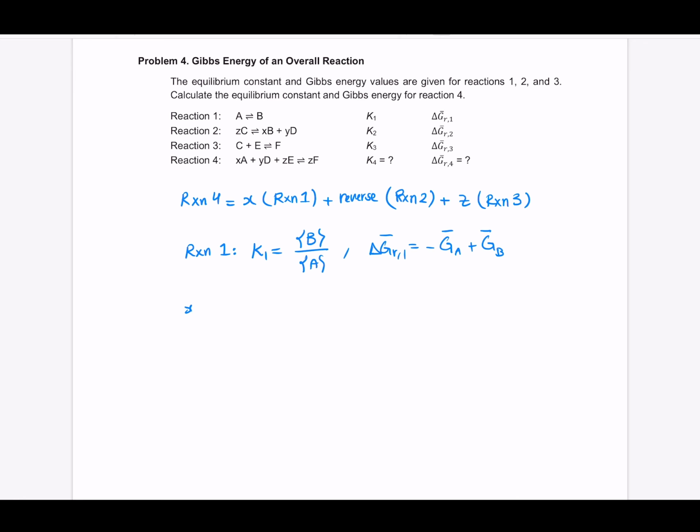So for X times reaction 1, we're dealing with XA in equilibrium with XB. And we know K of X times reaction 1, we had this before, would be K to the power of X.